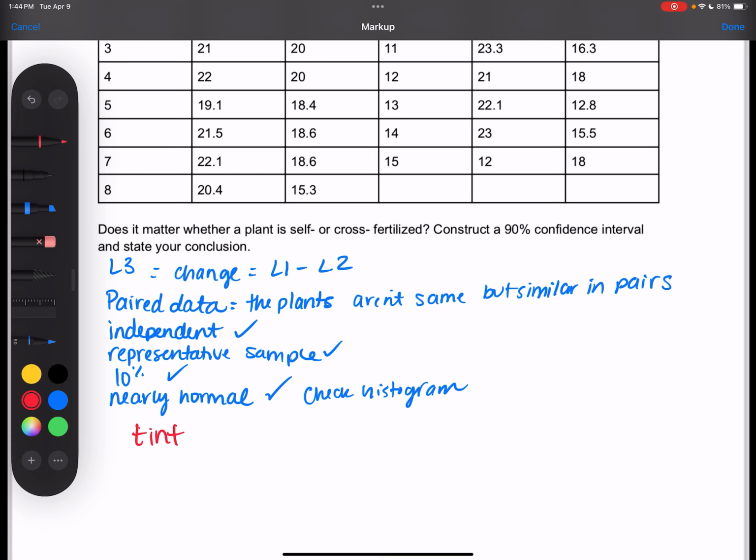So stat, test, t interval, and it's going to be for data. This is going to be L3, so you're going to have to change that. Normally what our stuff is L1, but L3 is going to be it. Frequency of 1, confidence level 0.9.